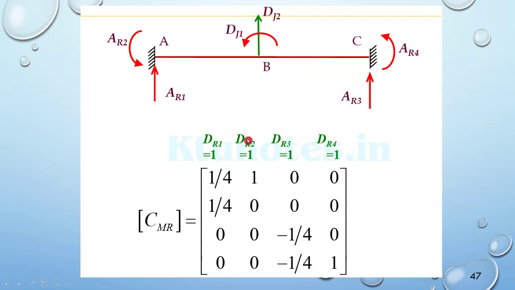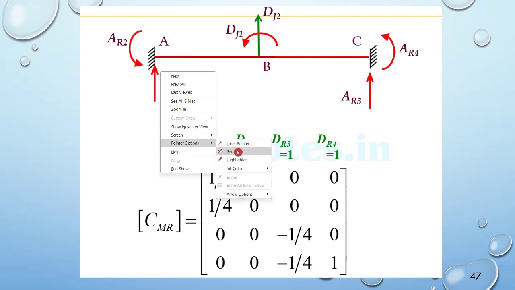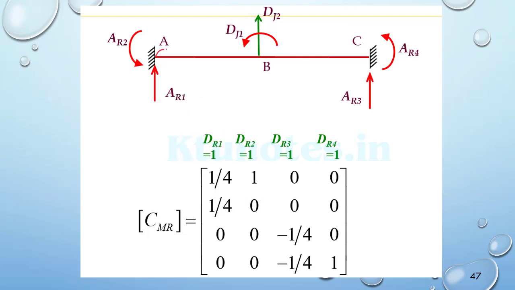And for DR2 equal to 1, that is applying a unit moment here, only here there will be rotation. Okay, so only this is noted as 1 here.